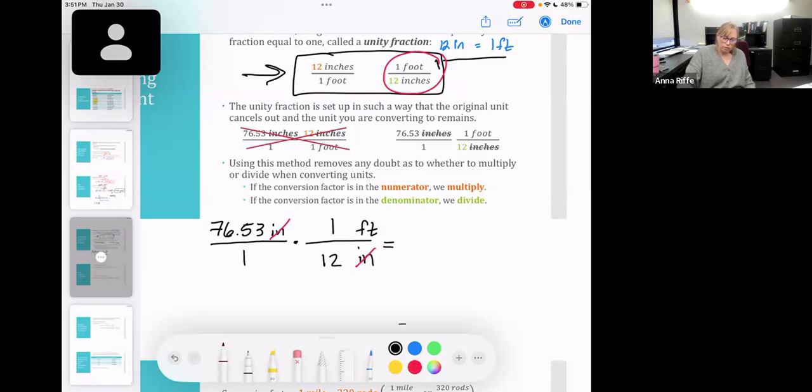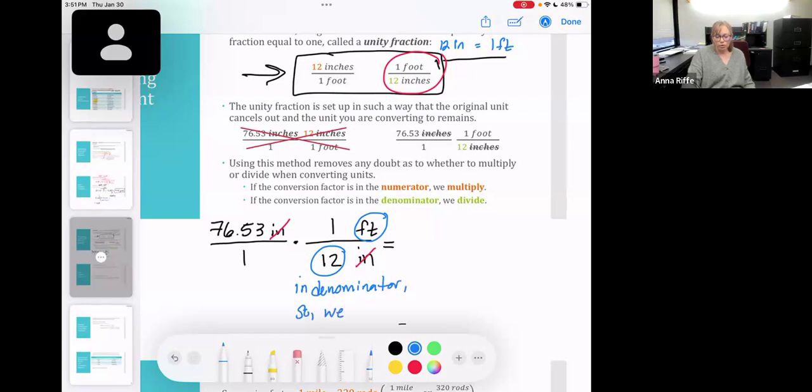So we've determined which unity fraction to use. We've determined that the end result will have this unit of feet, which is what we want. The last thing we have to determine is, do we multiply or divide by this number 12? You can note that here the 12 is in the denominator of the unity fraction.